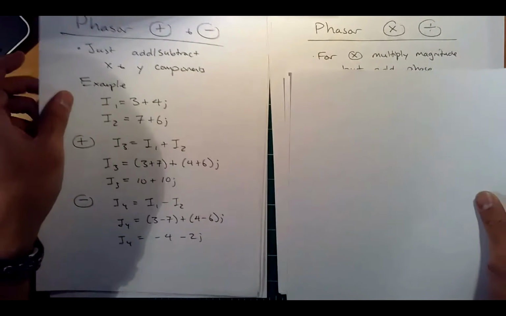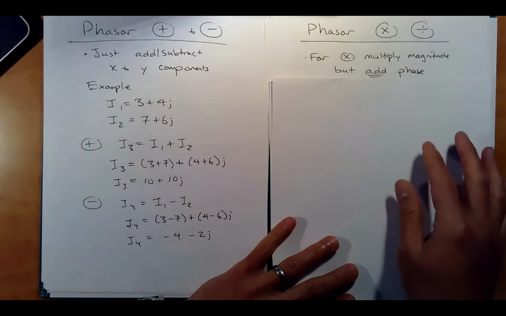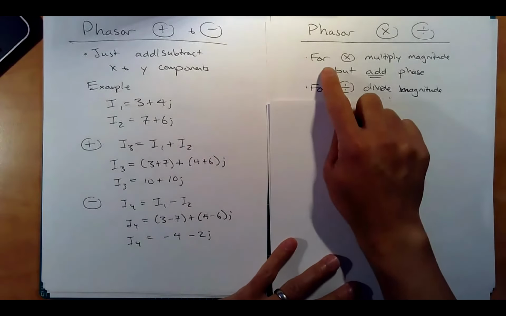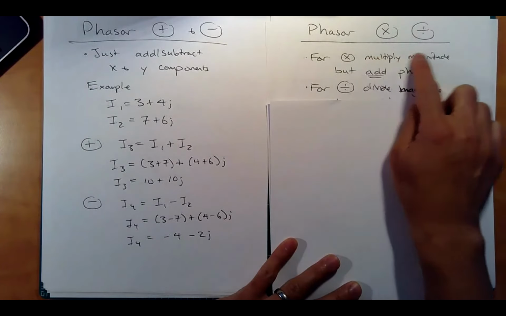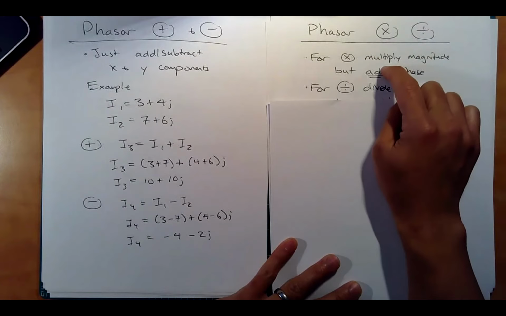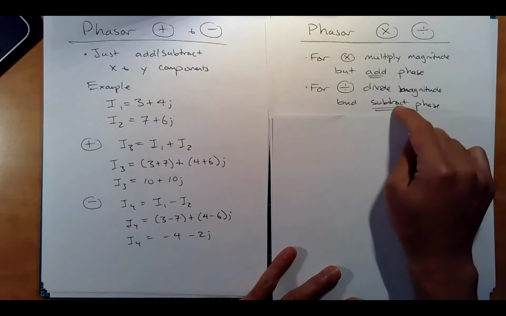Now, what if you want to multiply and divide? Well, you've got some interesting rules, but as long as you remember them, it makes everything easy. If you're in polar form and you want to multiply, you multiply the magnitude, but you add the phase. If you want to divide, you divide the magnitude and you subtract the phase.